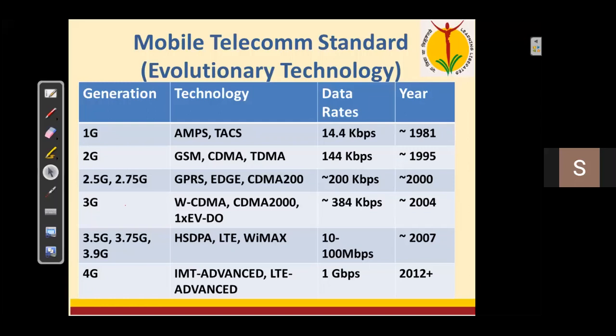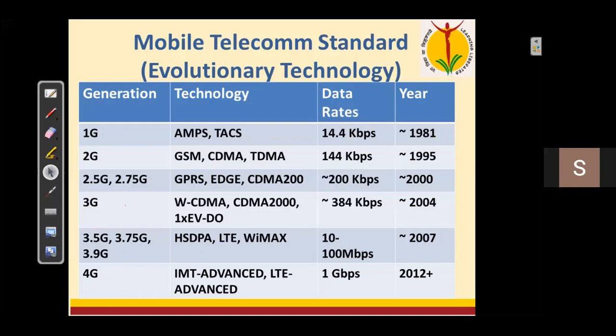In 3G technology, video conferencing was possible by using wideband code division multiple access and CDMA standards, with a data rate up to 384 kbps. But nowadays in your mobile you have Long Term Evolution.